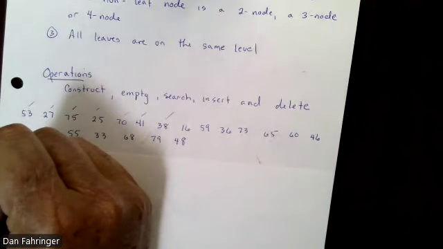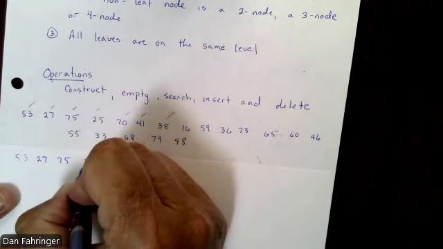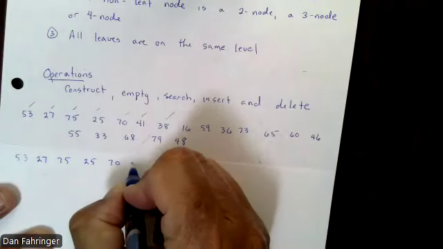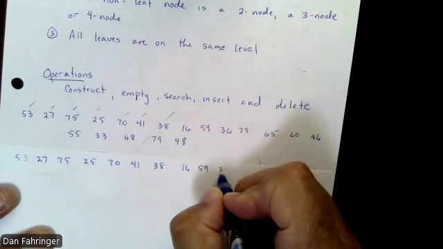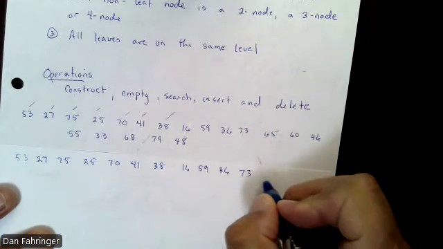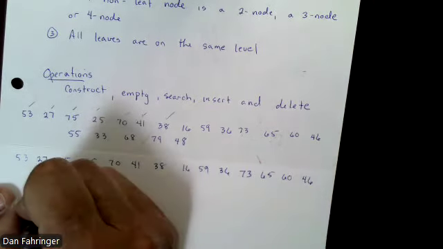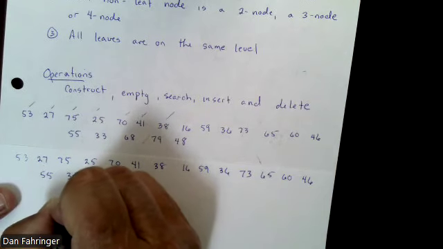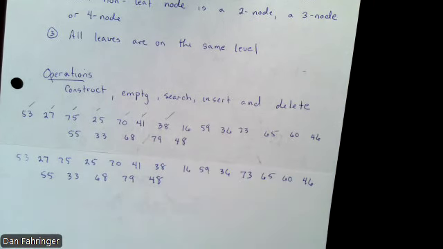So my numbers are 53, 27, 75, 25, 70, goodness, 41, 38, 16, 59, 36, 73, 65, 60, 46, 55, 33, 68, 79, and 48. And again, we're going to be going through conceptually how to do this. Oh, if we had to get into programming, that would be crazy.